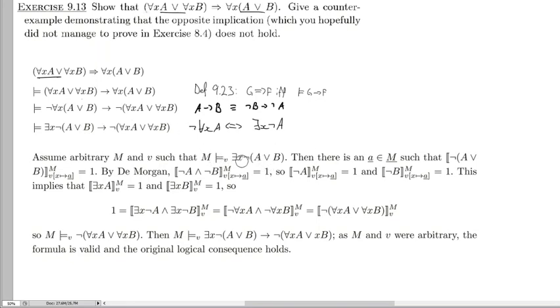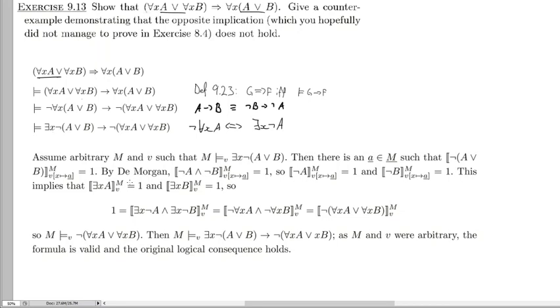If there exists x such that the negation of (A or B) is satisfied under M, then that means there is some a in M such that the negation of A or B, where x is assigned to a, is true. So now we've handled the quantifier here.